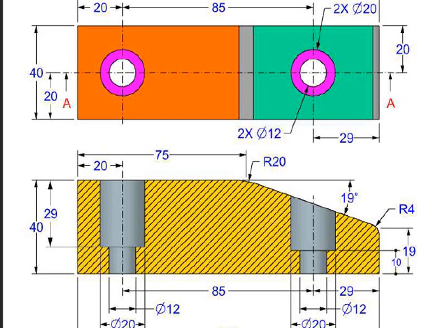Now we are going to model another piece, this one. I know that we can make the fillets in our sketch, but we're going to do that using a 3D feature.